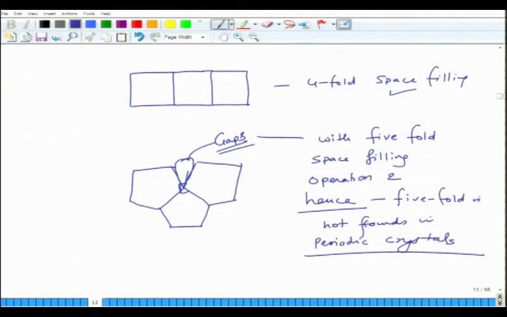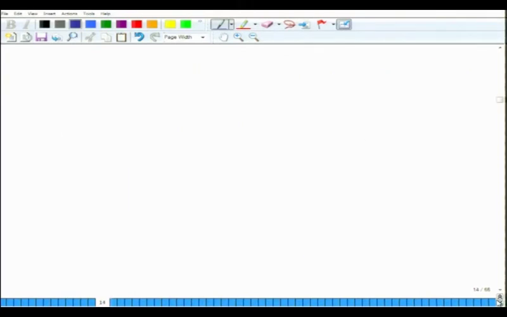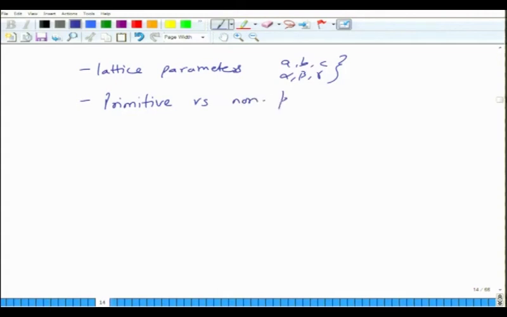Okay. So, this was another thing, and then we looked at the concept of lattice parameters, which is a, b, c, alpha, beta, gamma, and correlations between these are dependent upon the crystal systems and Bravais lattices. Then we looked at what is primitive versus non-primitive lattice.